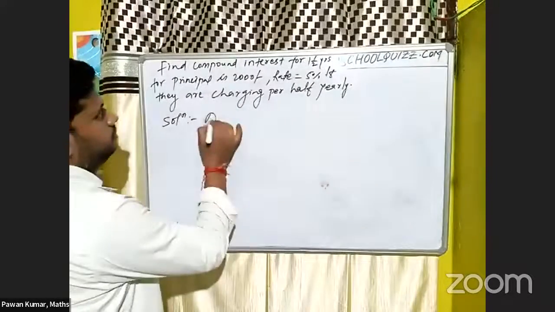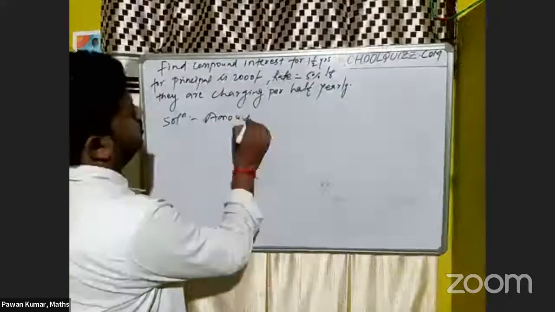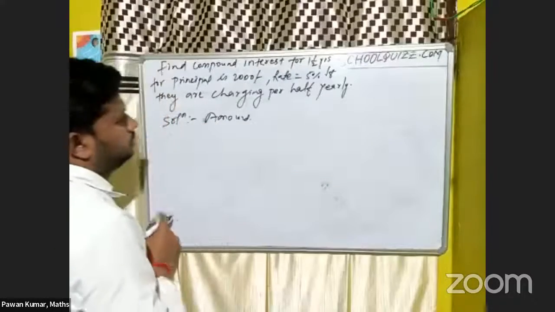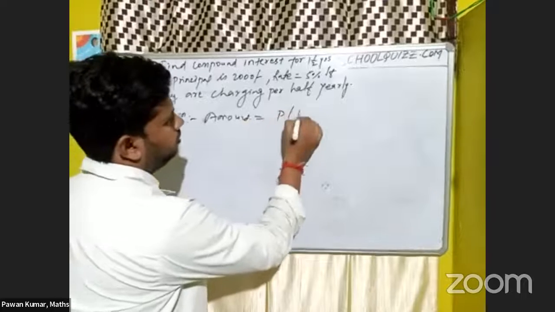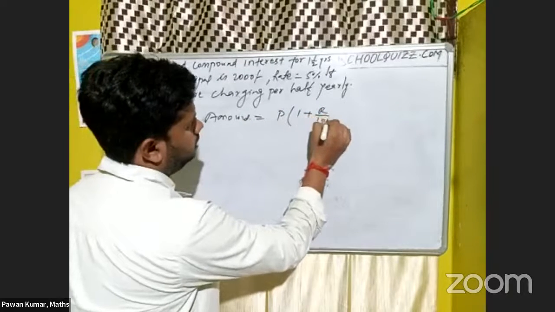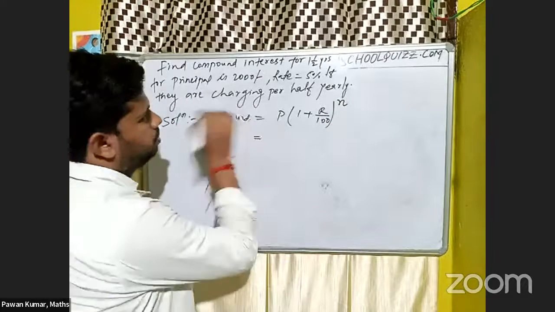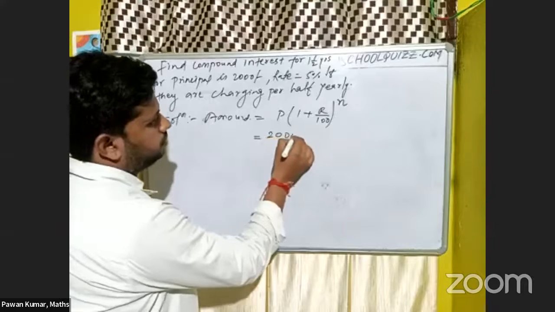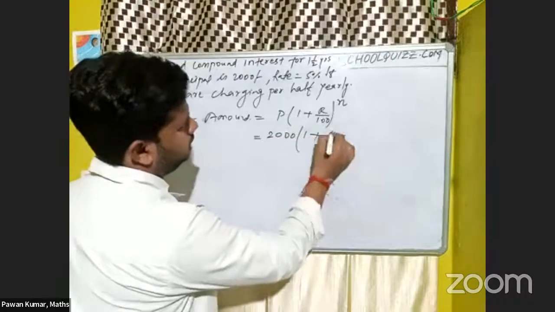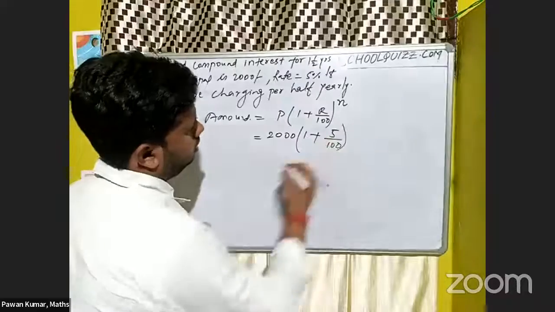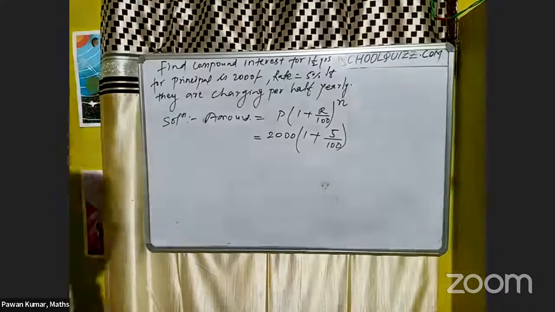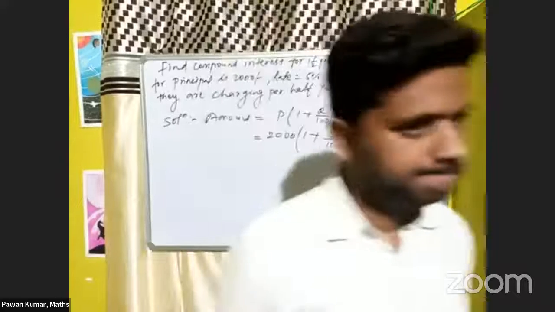So amount equals principal into 1 plus r by 100 to the power n, or t, you can make it as A. What is the principal here? 2000, 1 plus, what is the rate? 5%. And n, how much n do I need to keep here? Sir, 3. Why?